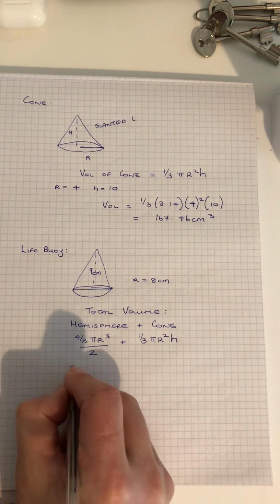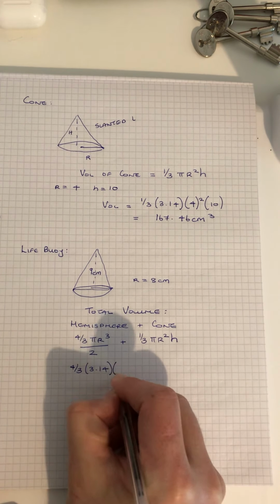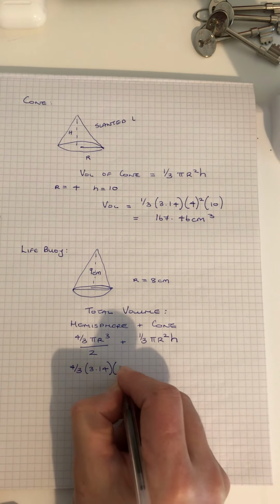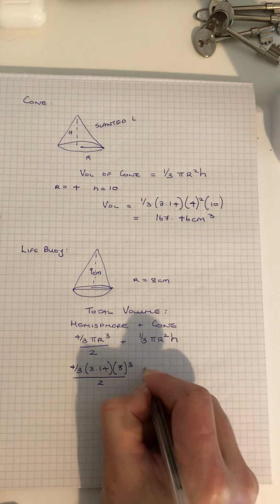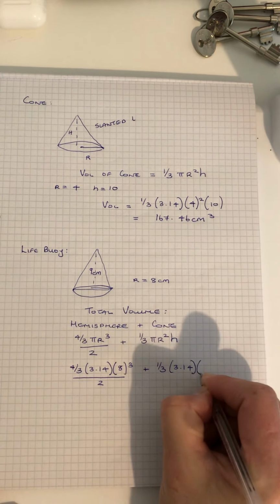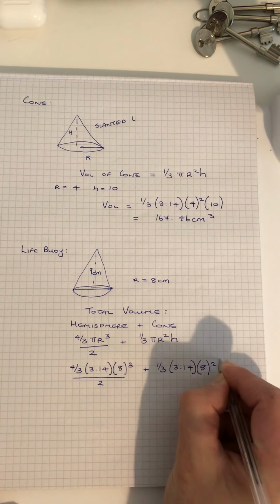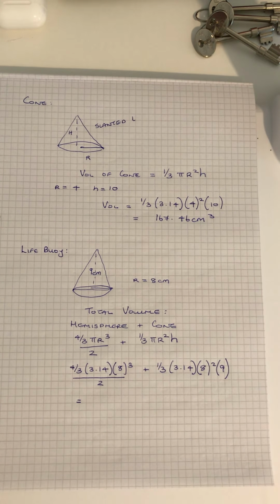So in this case, 4 over 3, 3.14, radius is 8 cubed, divide by 2, plus 1/3, 3.14, radius is 8 squared, and the height is 9. So use your calculator again.